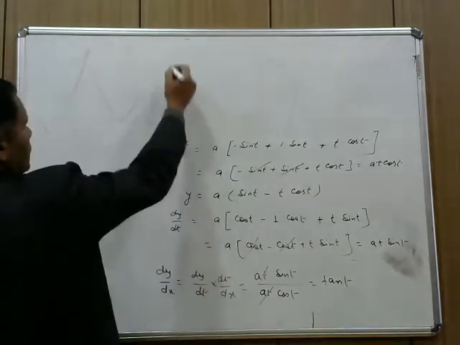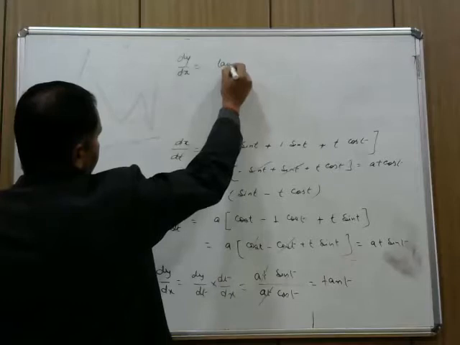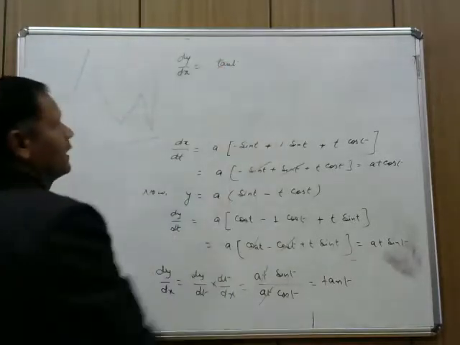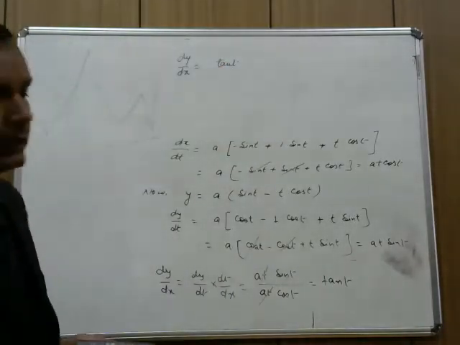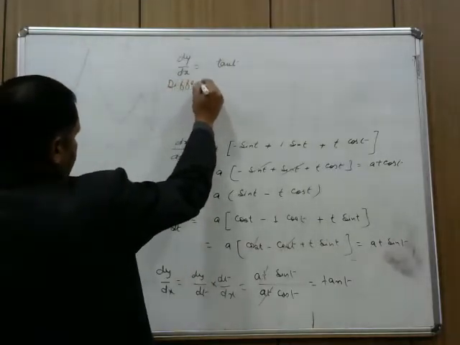Now we have dy by dx equal to tan t, but I am asked to find d2y by dx square. That's why differentiating again with respect to x.